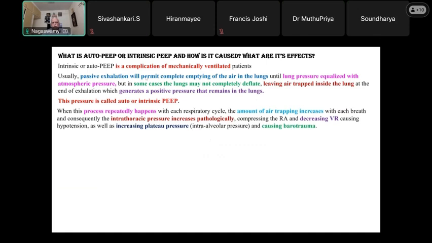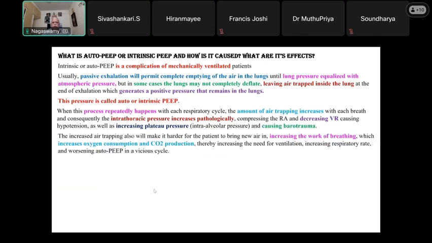Okay, so these are the ill effects of auto PEEP, and it will also increase the work of breathing of the patient. When inadequate exhalation happens, there is retention of air and distension, because alveoli are to be optimally expanded. They should neither stretch too much nor collapse too much.